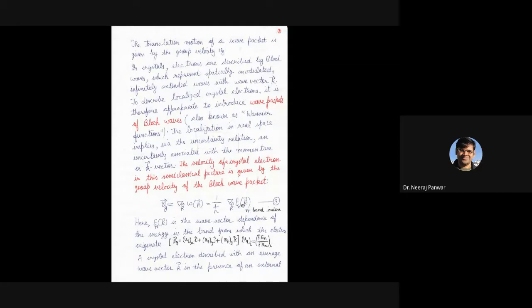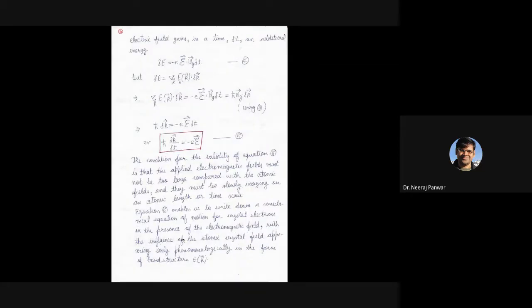Therefore, here we are saying that the atomic crystal field or potential appears only phenomenologically in the band structure or in the Ek diagram, and using that we have derived the equation of motion of the electron inside the band.